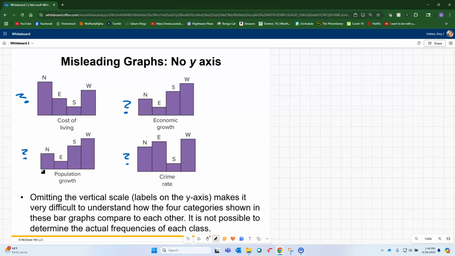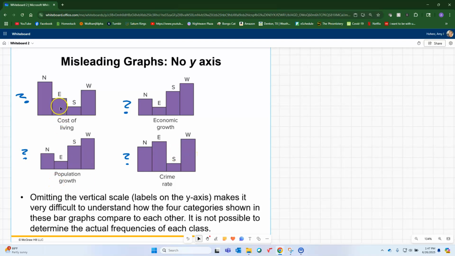So when you omit the vertical scale, it makes it very difficult to understand how the categories shown compare to each other. We can't determine the actual frequencies for each class. So again, we could look at it and say, well, north has the highest cost of living, and west has the highest economic growth and the highest population growth, but also the highest crime rate.